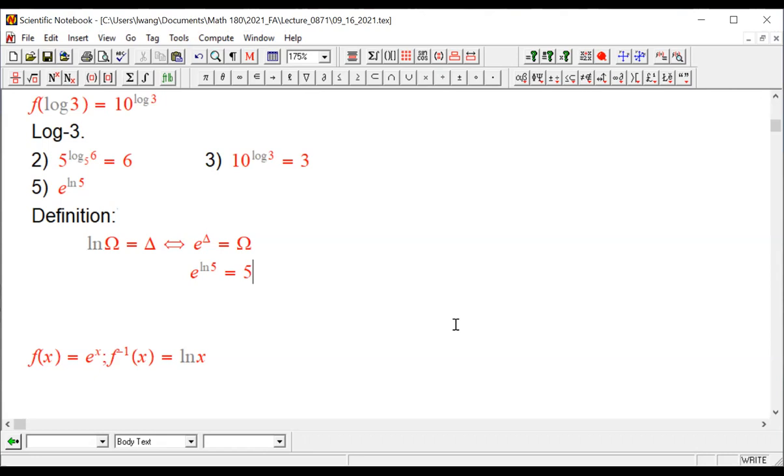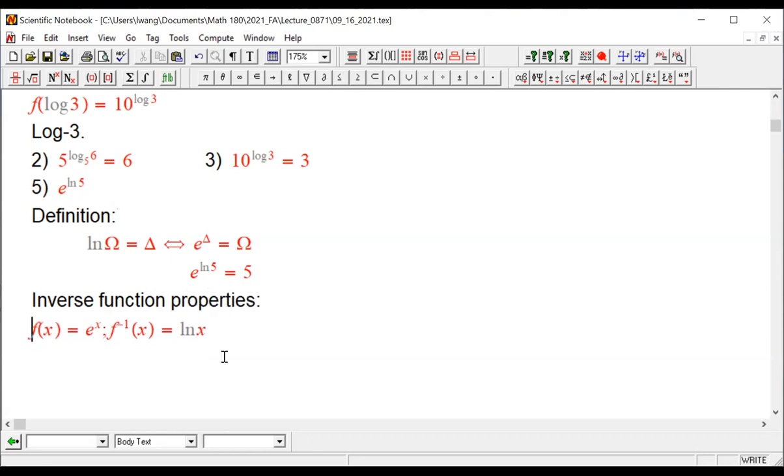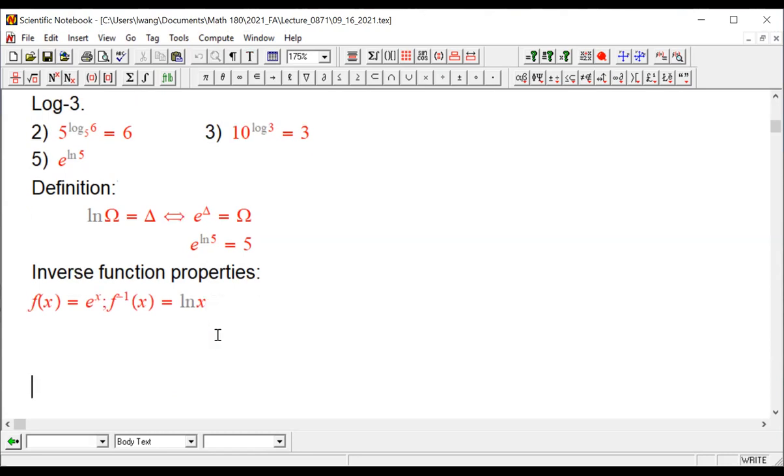All right, so let's look at the other perspective: inverse function properties. What do we get from inverse function properties? We will compose, and then we have that property.